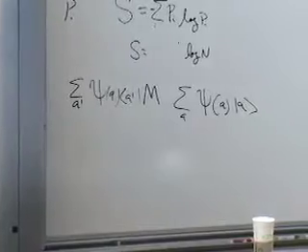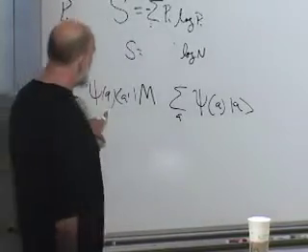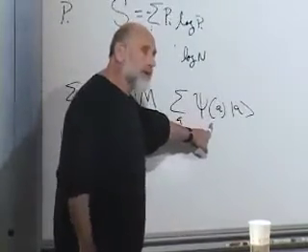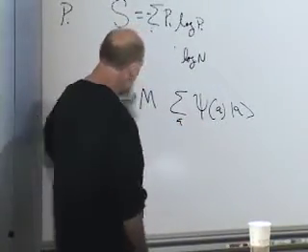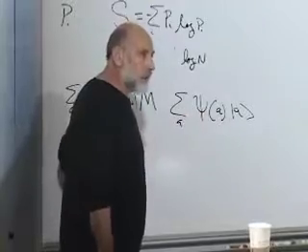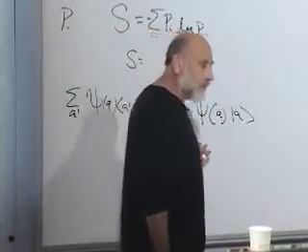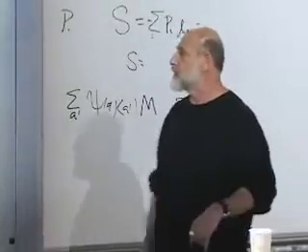Okay, so in calculating the expectation value, if the vectors on either side are expressed as sums, you have a double sum to do. I've called the left part of the double sum primed and the right part unprimed. It's the same thing except we have two labels here.